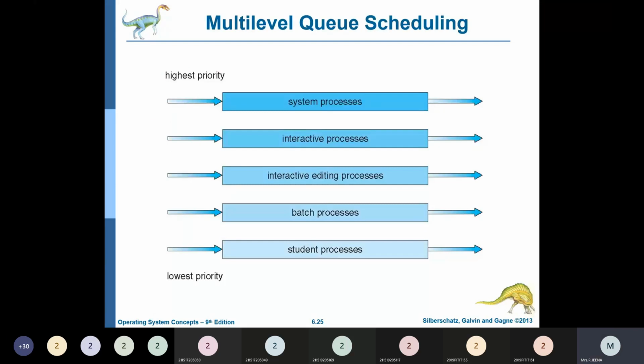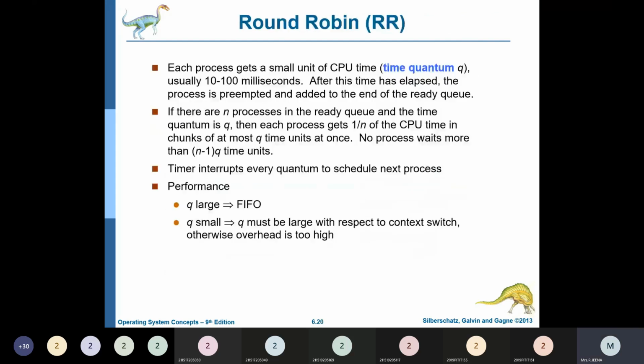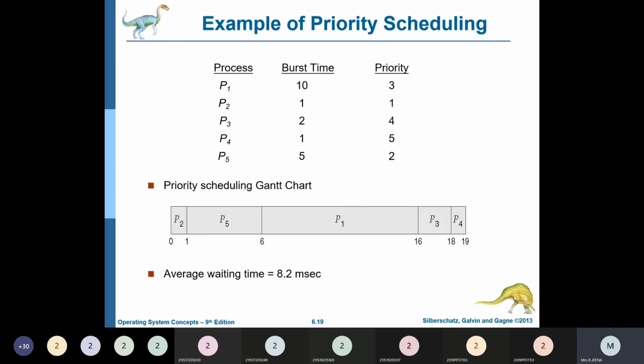Then we have to see the concept of aging, starving and all. So what is starvation? Starvation comes in the priority scheduling. Go back to the priority scheduling.